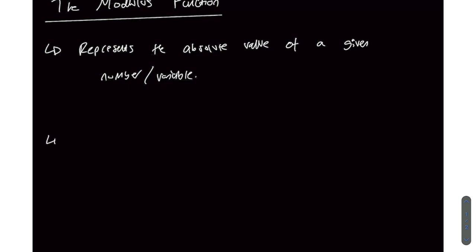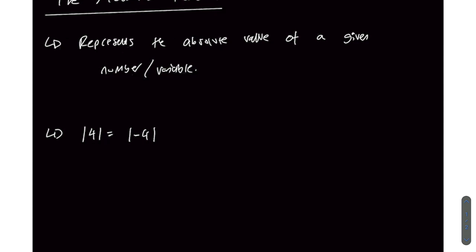So for example, the absolute value of 4 is equal to the absolute value of negative 4. Why? Because we're not concerned with the direction here. If we're talking in physics terms, for instance mechanics, the sign usually represents direction. What we're concerned with here is only the magnitude of the value.